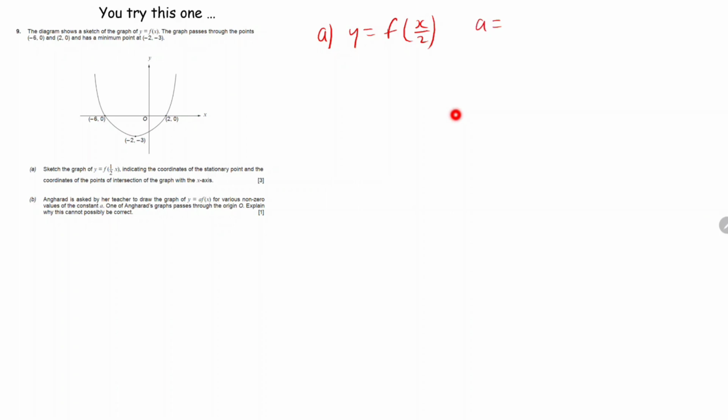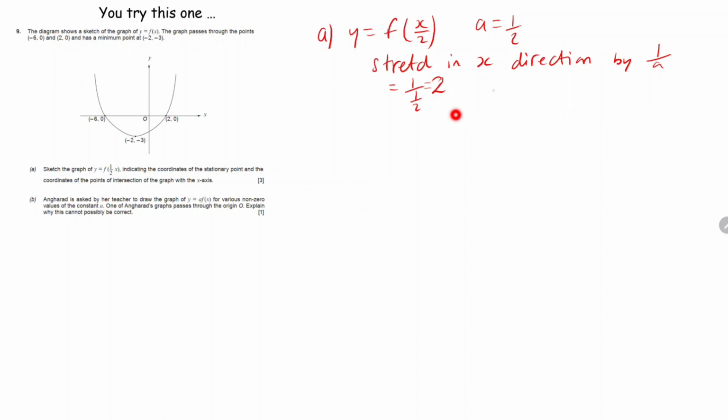Our a value is equal to half again, and this is a transformation which will be a stretch in the x direction by 1 over a, which again will be 1 over half, which will be equal to a stretch of 2 for all the x coordinates.